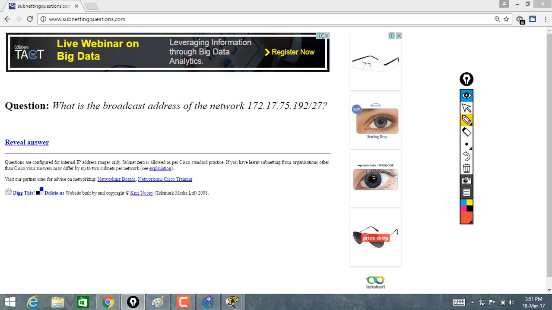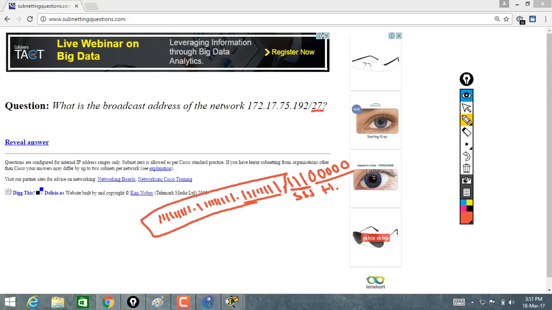Altogether 27 bits are on: 8, 8, 8, which is 24, and 3 I have carried over from the last octet. So these are the subnet bits, these are the host bits, and the rest are network bits.